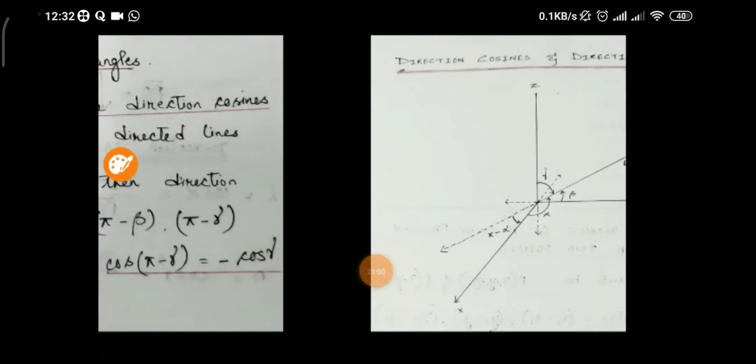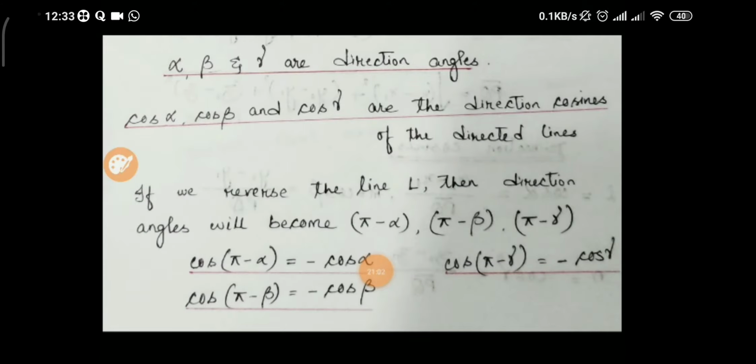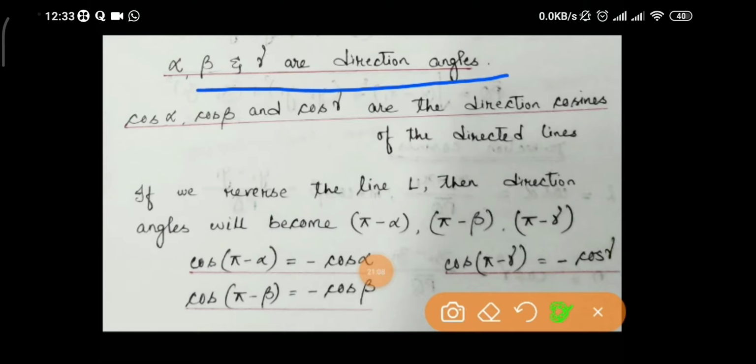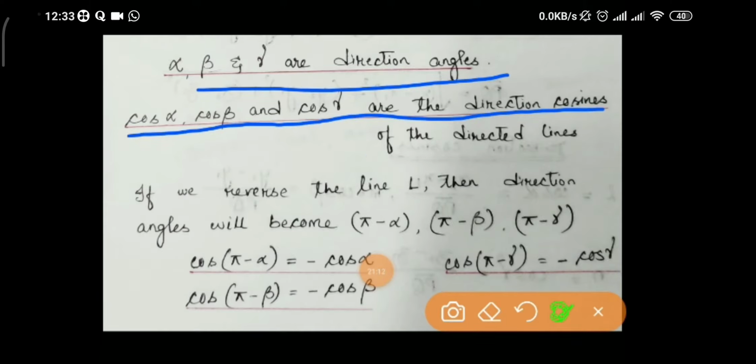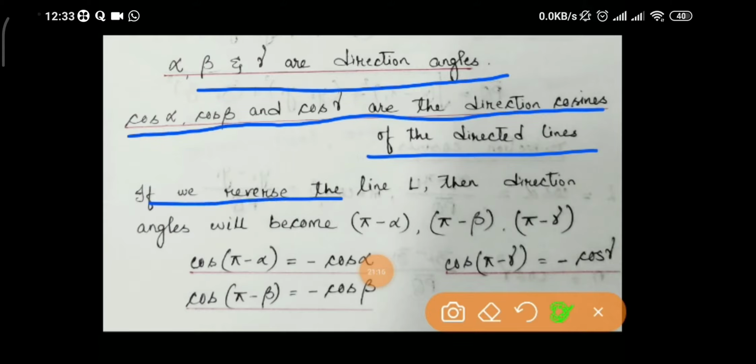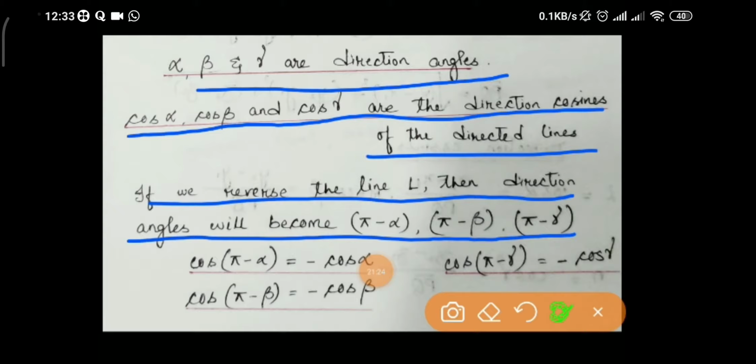Now I have clearly written here: alpha, beta, gamma are direction angles, and if I take their cos, they will be the direction cosines of the directed line. Now if we reverse the line, as I said before, extending the line into the 7th octant, the angles will become pi minus alpha, pi minus beta, pi minus gamma.